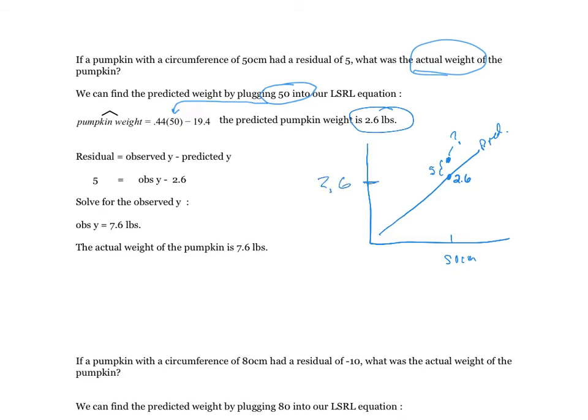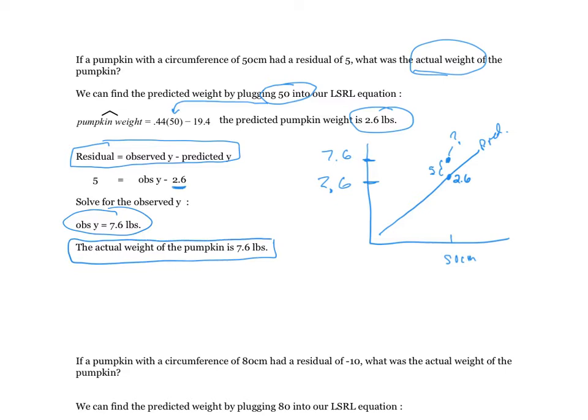Okay, and the actual pumpkin we know is 5 pounds more than that. So 5 pounds more than 2.6 would be 7.6. And we could get that by solving our equation. Residual equals observed y minus predicted y. The residual was 5. The predicted y from our equation was 2.6. When I solve this, I get an observed pumpkin of 7.6 pounds. So the actual weight of the pumpkin was 7.6 pounds.